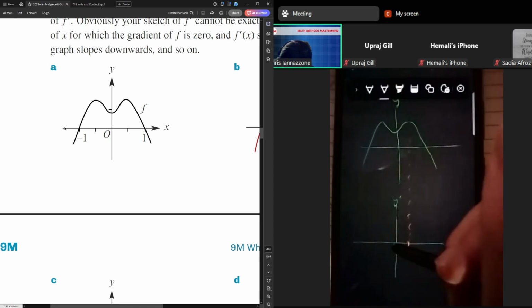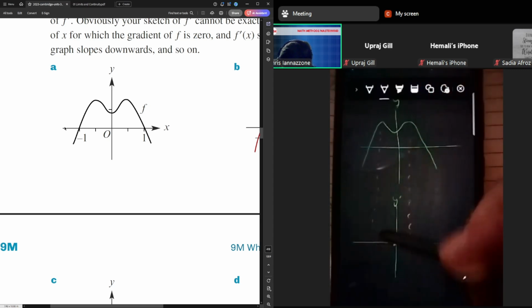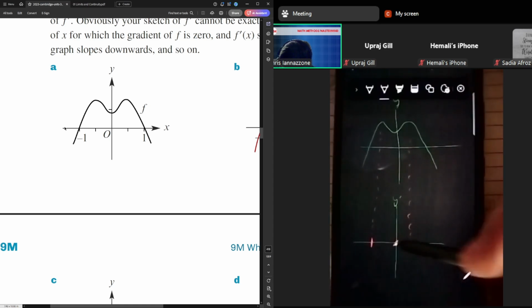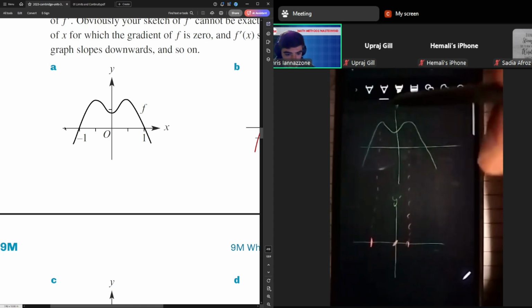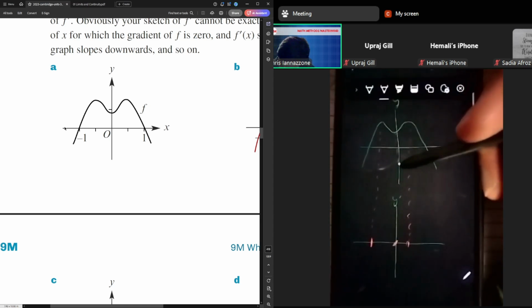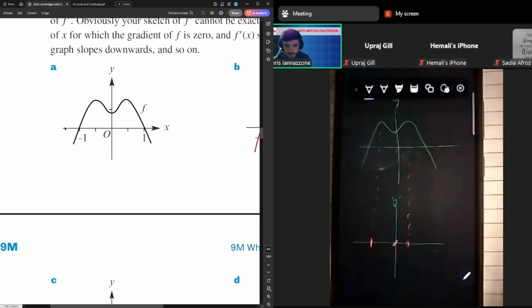That's supposed to be the origin, so I'll do that. And then this one down here, what we've essentially done is segment our graph by doing that. We figured out all the key features of turning points. What do we do once we have that?